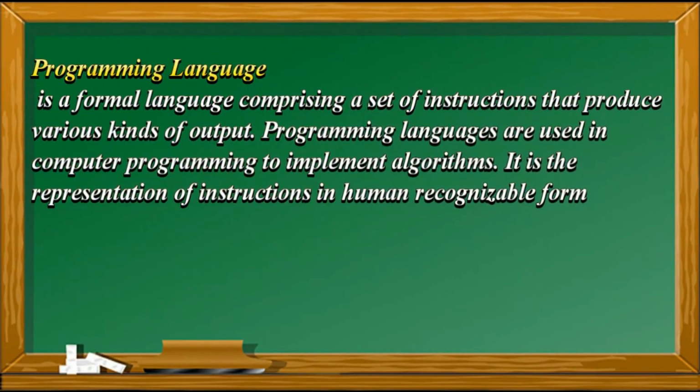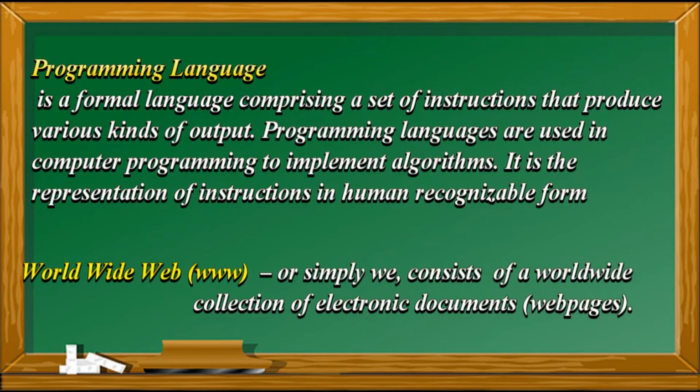Programming language is a formal language comprising a set of instructions that produce various kinds of output. Programming languages are used in computer programming to implement algorithms. It is the representation of instructions in human recognizable forms.